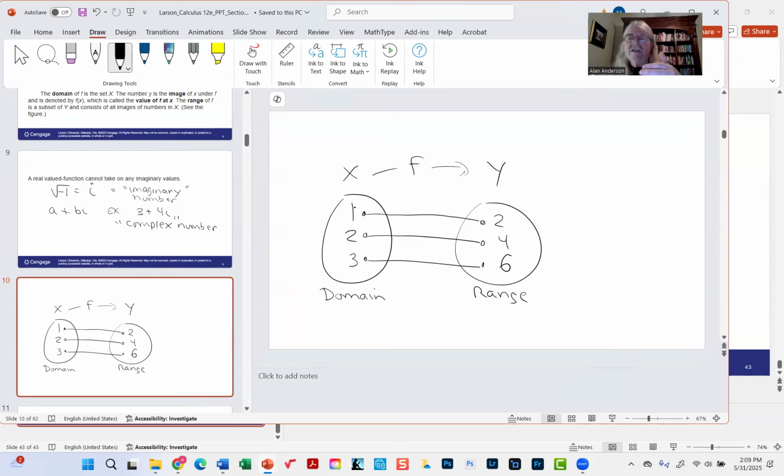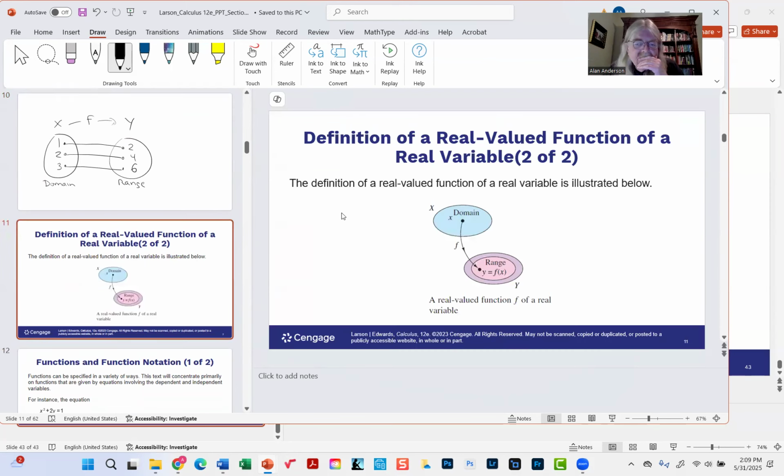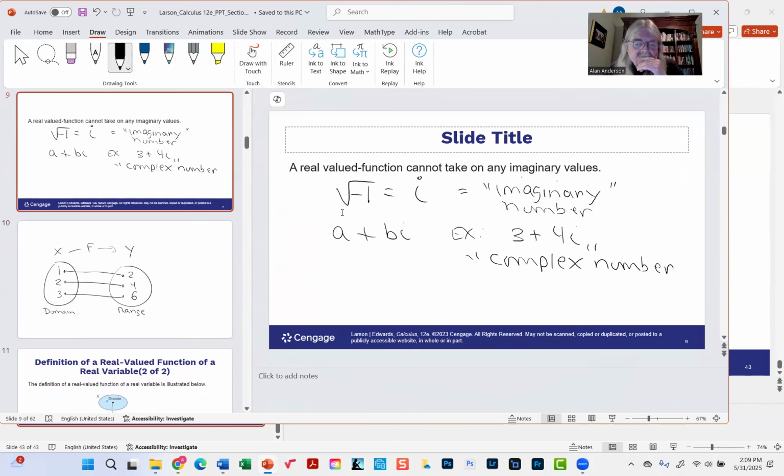We're excluding, at least here, the possibility of imaginary numbers. And the same thing with y, all the output must be real numbers. We can't have any imaginary numbers in the range, not for a real valued function, that is. Now, they're also introducing a couple of other concepts.